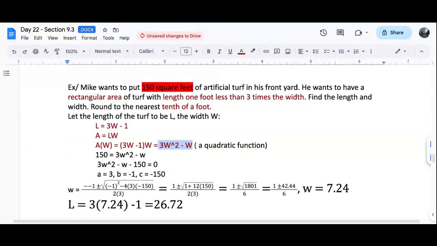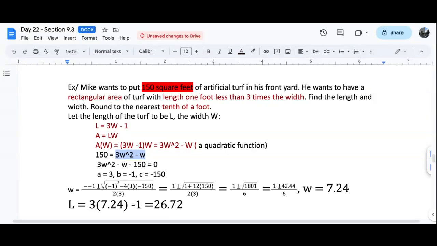And since Mike wants to put 150 square feet of turf, that tells us A of W is 150, and it equals 3W minus 1 times W, which is 3W squared minus W. Quadratic equation.